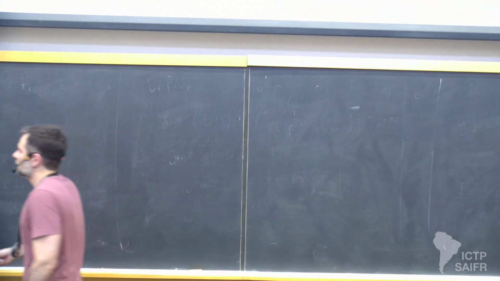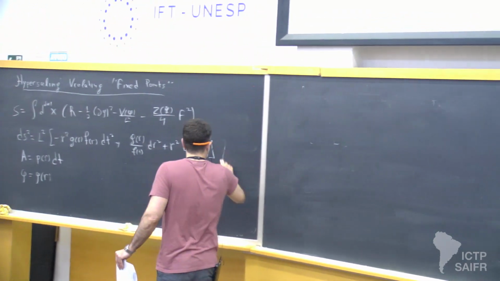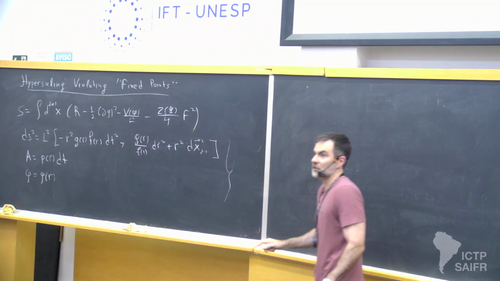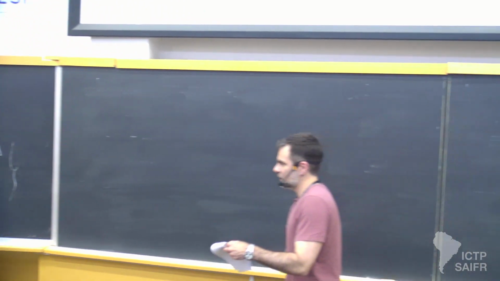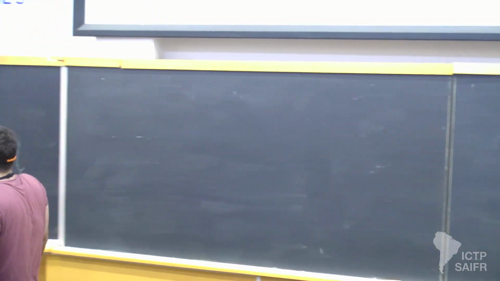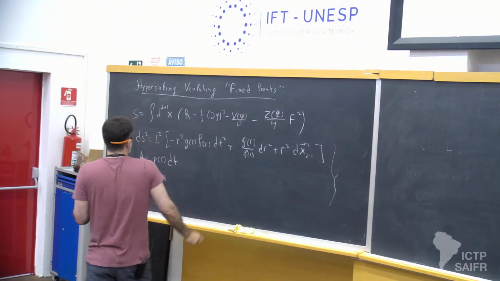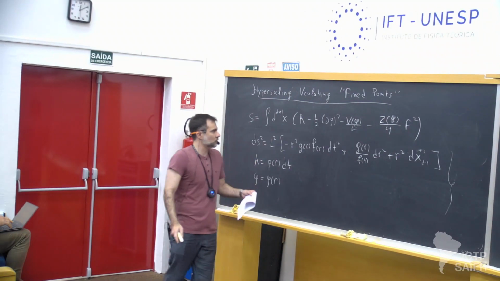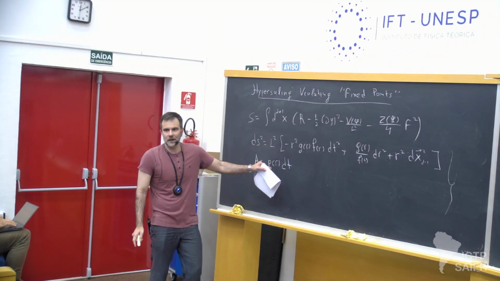Now, this is an ansatz that will give us many things. So I want to write down the ODEs that you would get from solving Einstein's equations, the equation of motion for phi and for the gauge field, if you plug in this ansatz.